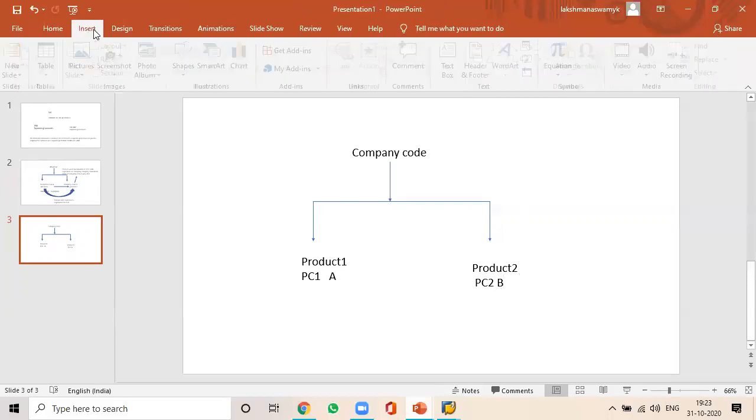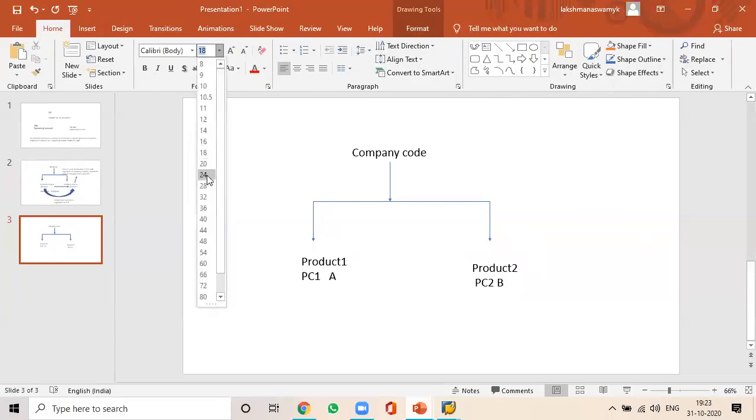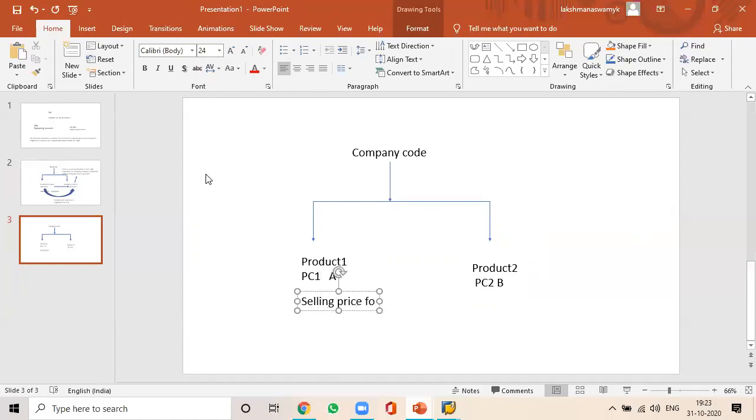So, the selling price for customers is equal to 150 rupees per unit.